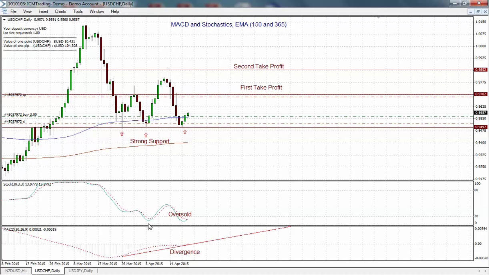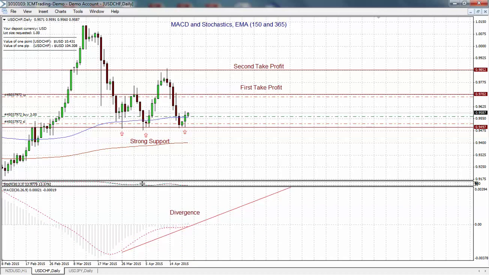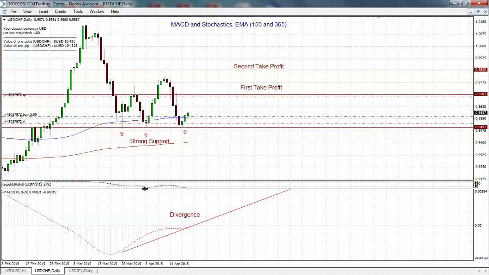Now, with the MACD, a lot of people will tell you all kinds of crazy things of how to use this. They say, don't get into a trade unless the MACD is going along with the trend that you're in.